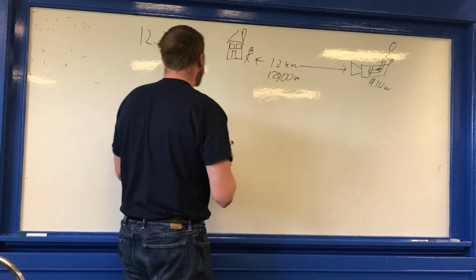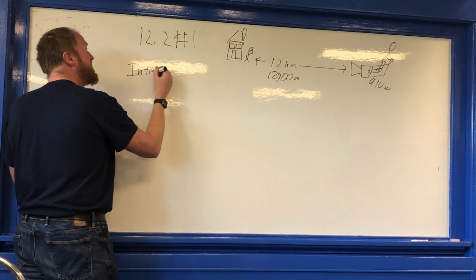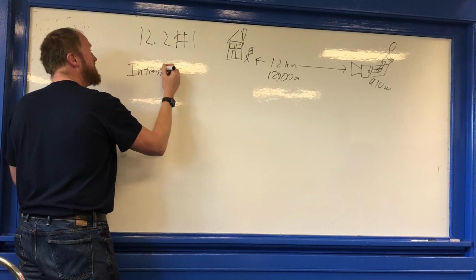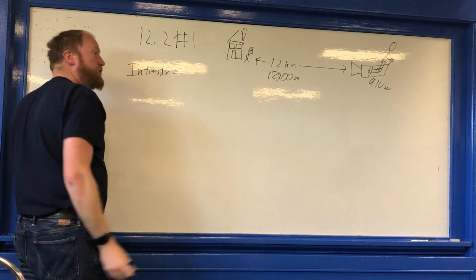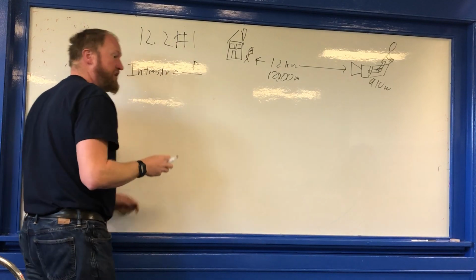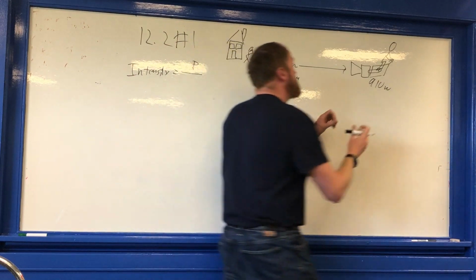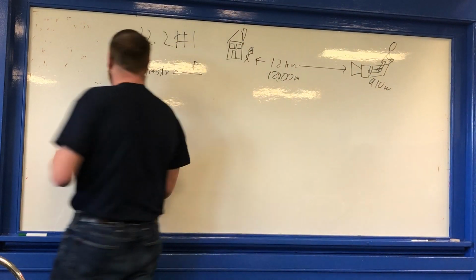If you'll remember, we have a formula for intensity. Intensity equals power divided by the surface area of the sphere, because this sound is going in all directions. It's radiating outward like a big sphere of sound.